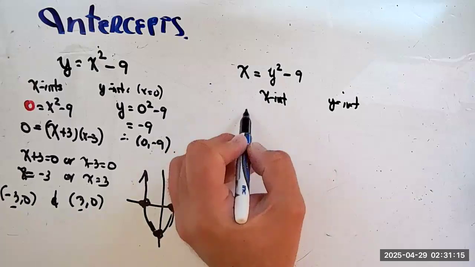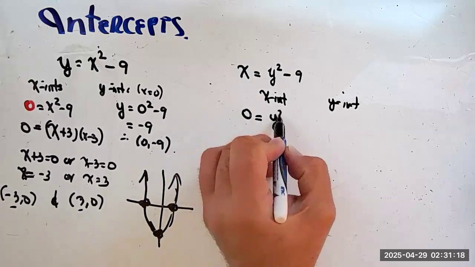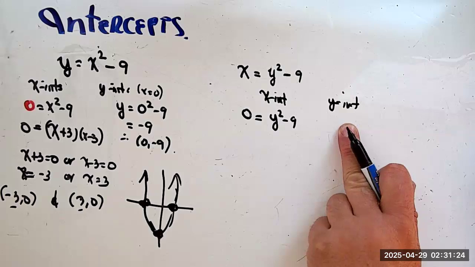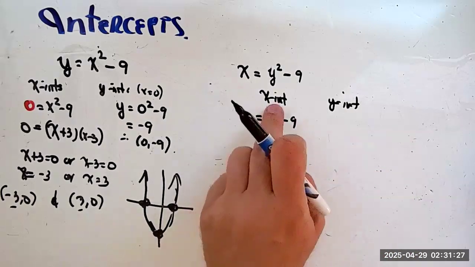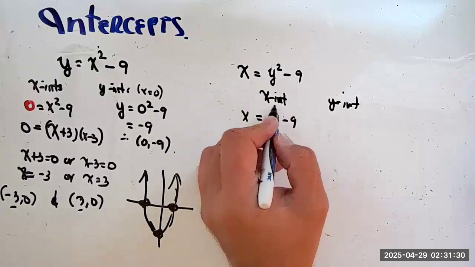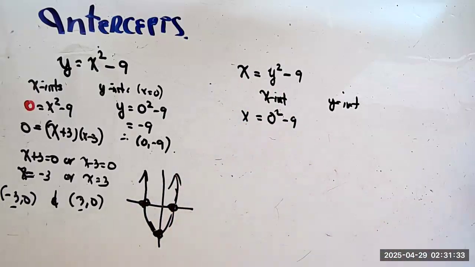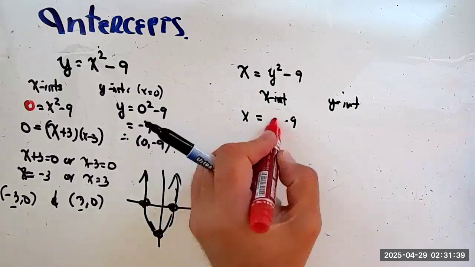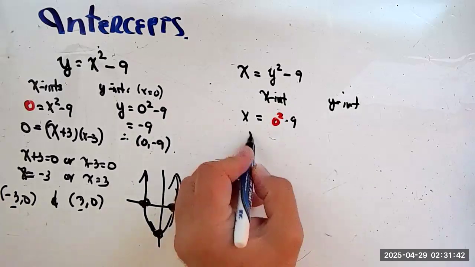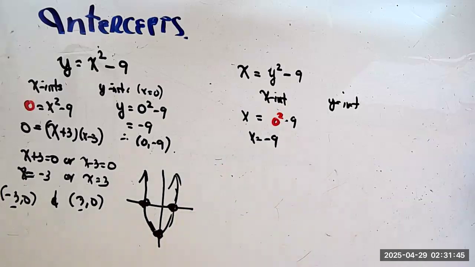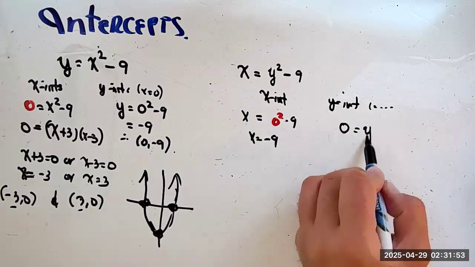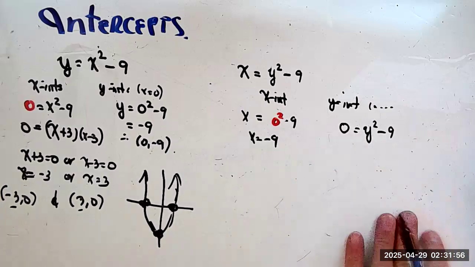With the x-intercept, we make y equals 0, which is, of course, x equals -9. And for the y-intercept, x equals 0, so we have 0 equals y squared minus 9.